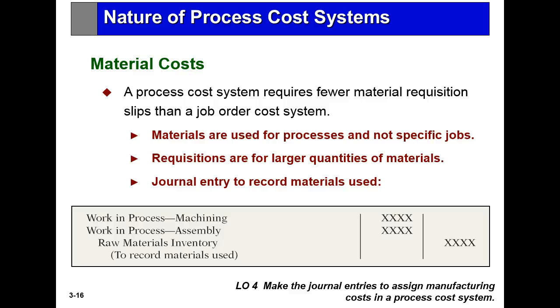Requisitions are for big numbers, and the journal entry we would use to record these, so much as materials might go directly into the machining, and so many might go directly into just the assembly. Okay? Large volumes, fewer items that are unique, they just get put right in there. So it's going to come out of raw materials, go into one of the various processes. Okay? Make sense?